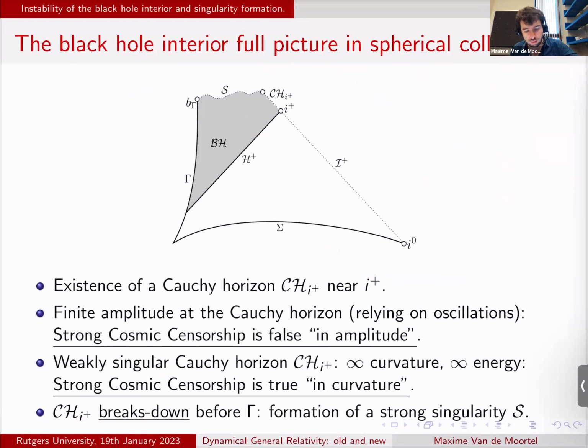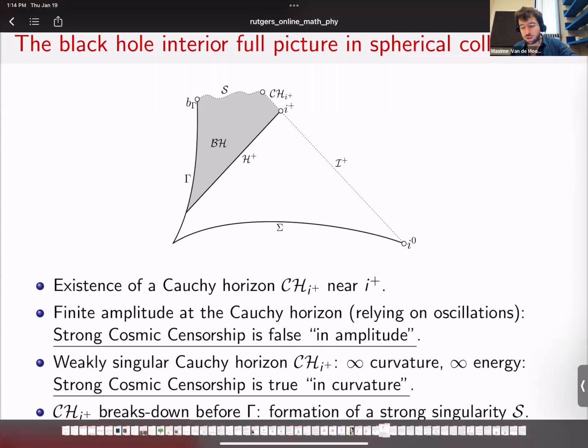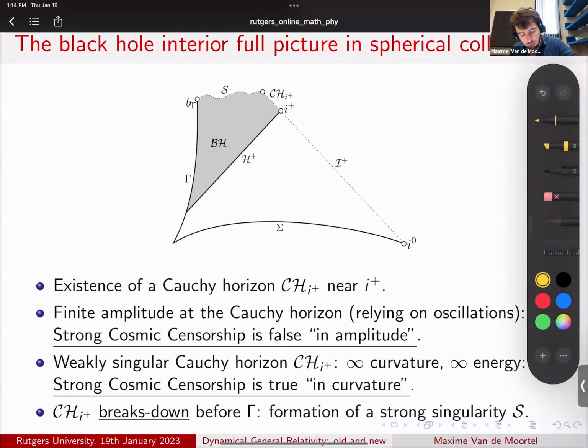In spherical symmetry, we understand that there's a Cauchy horizon with a weak singularity from the Blueshift instability, and then in turn this Blueshift instability causes the emergence of a breakdown, which then in turn creates a strong singularity, which is very similar to the singularity of Schwarzschild, in which you have some form of spaghettification.